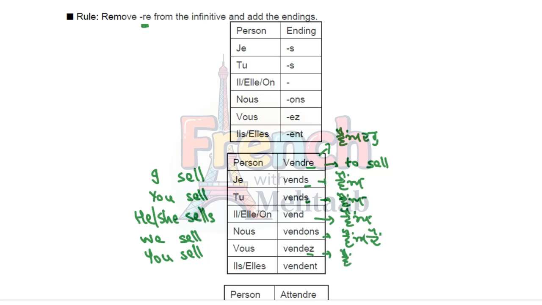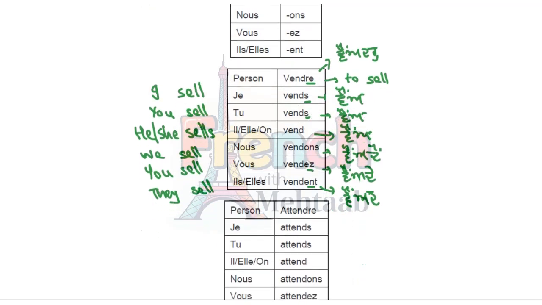It would become vendez. Okay. So if you want to say that they sell, then we would remove RE from the end, we would add ENT at the end, it would become vendent. Ils vendent, elles vendent. So that's how the terminations are added and we remove the RE from the end.